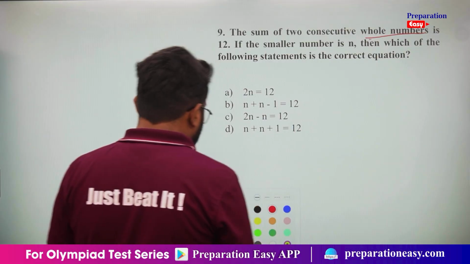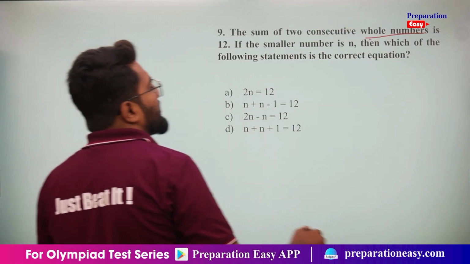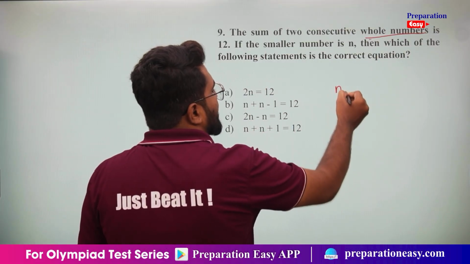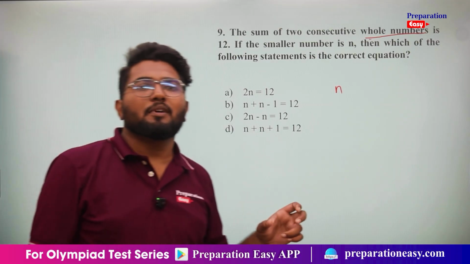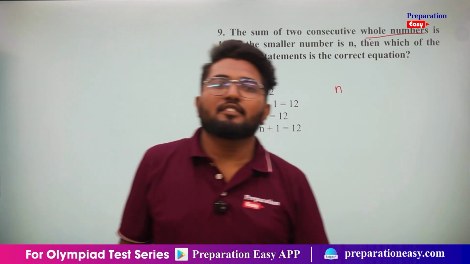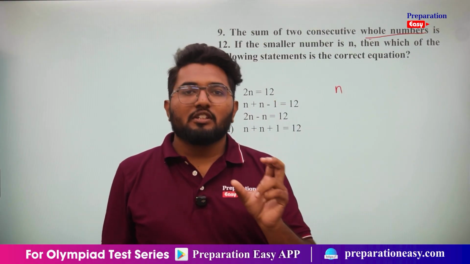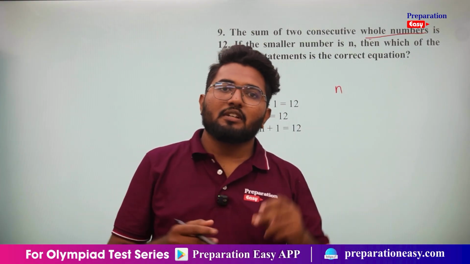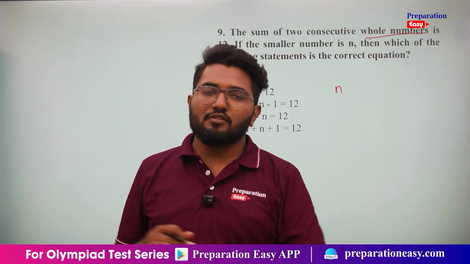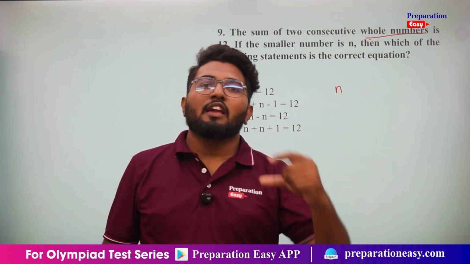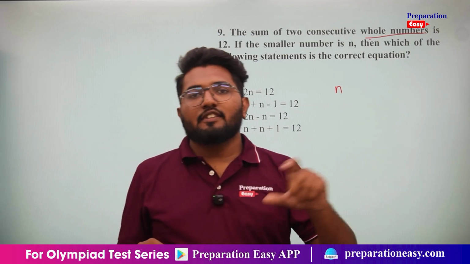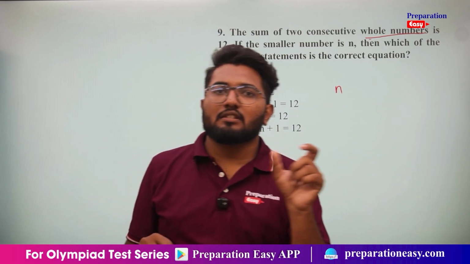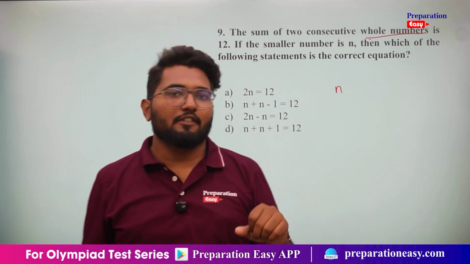So if the smaller number is n, which of the following statements is correct? If the smaller number is n, then what will be the next number? If the smaller number is 4, what is the next number? That is 4 plus 1 equals 5. If I consider 4 as n, then the next number will be n plus 1, that is 5.